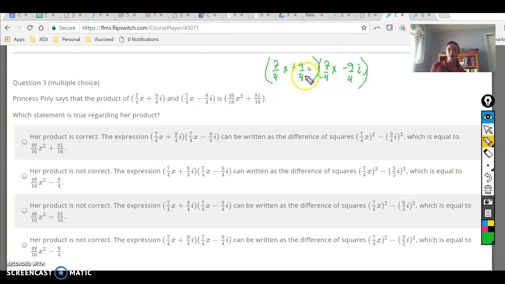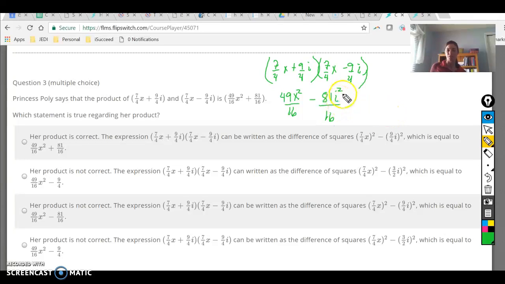I know that my outer and inner terms are going to cancel out, and that's still going to happen here. So all I'm going to have as my first and last terms is 49x squared over 16, and then minus my b squared value, which is going to be 81i squared over 16.